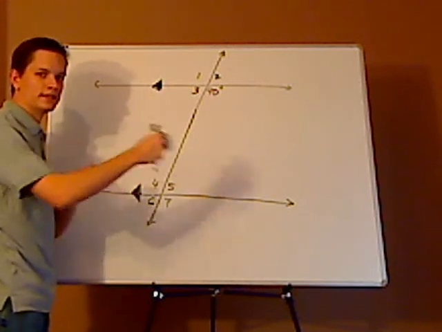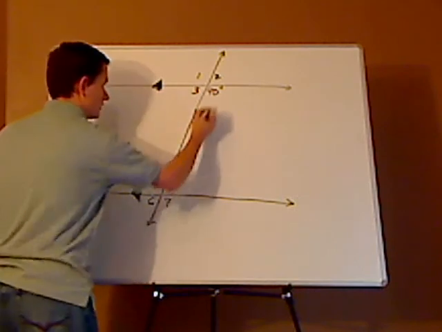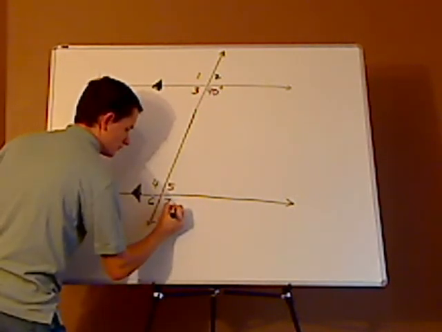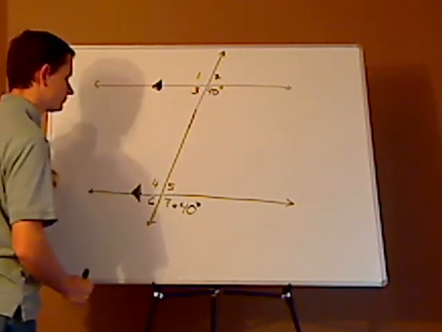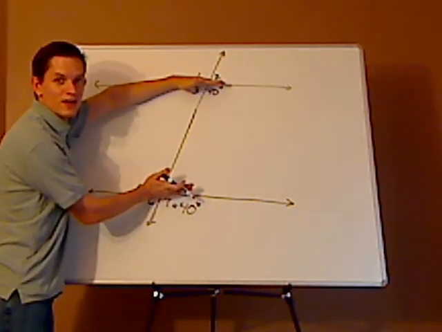They correspond to the same location. So 7 and 40 degrees, it's the same measurement. 40 degrees.